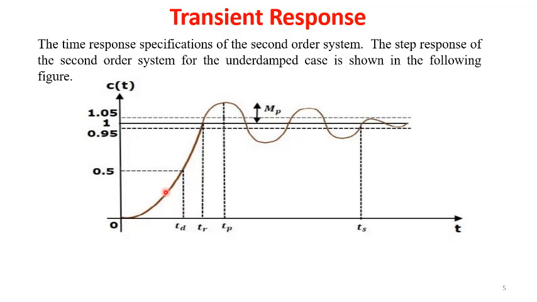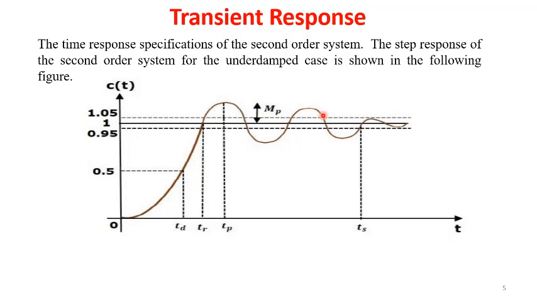It rises and overshoots the output. This overshooting is happening because of the inertia of the input signal, and then it settles down or damps down, and comes back to its original position after a certain duration of time.